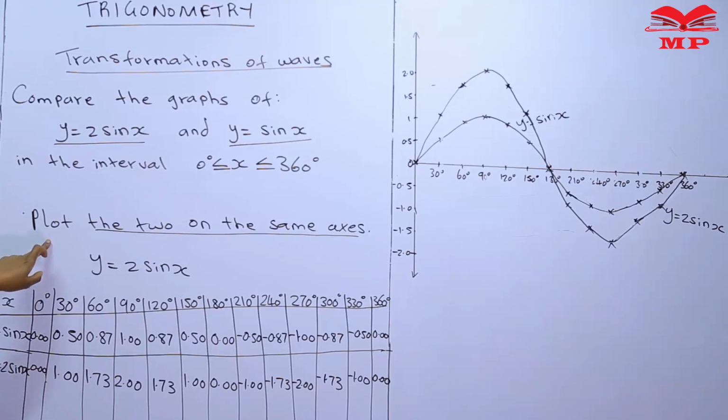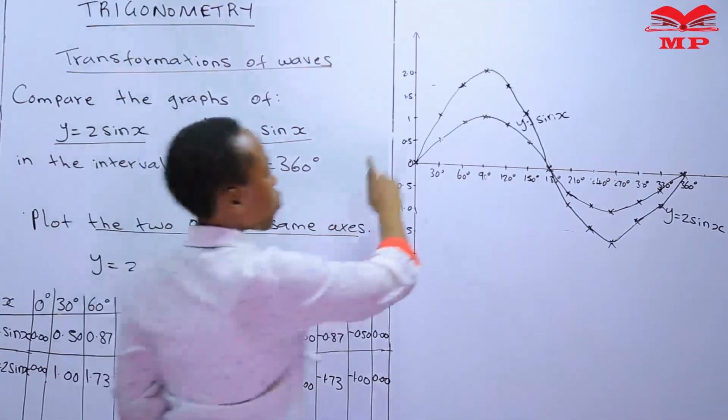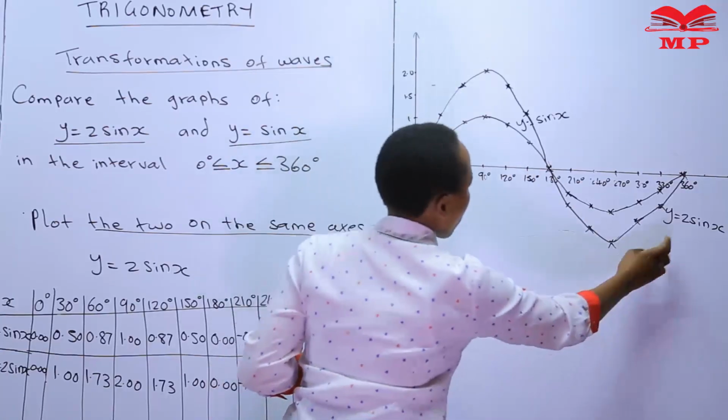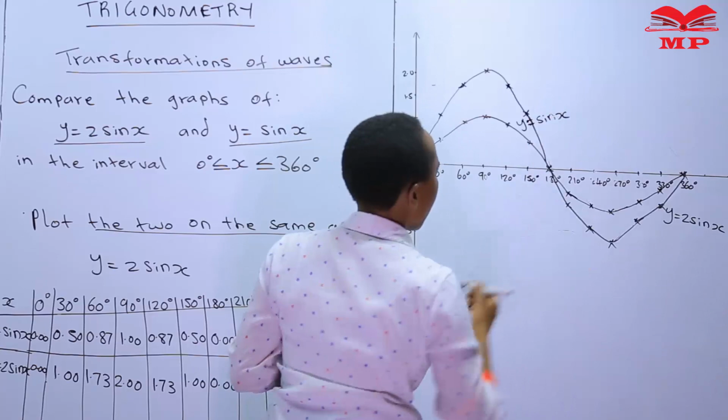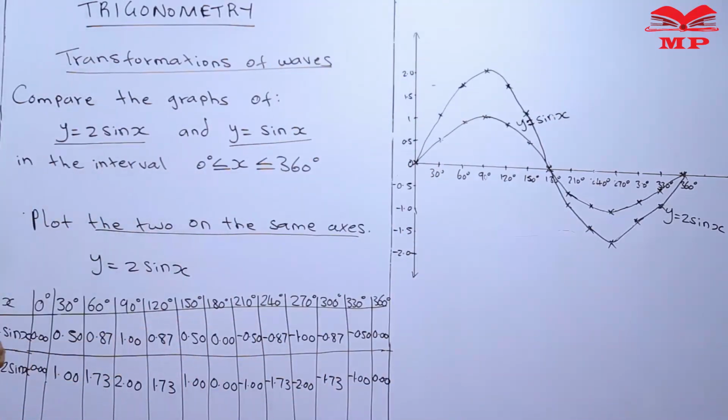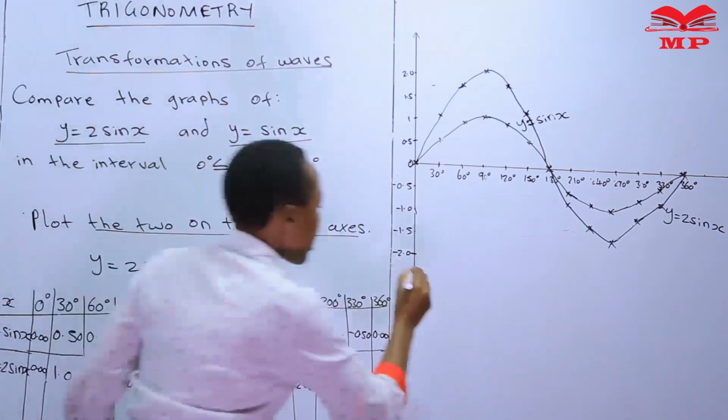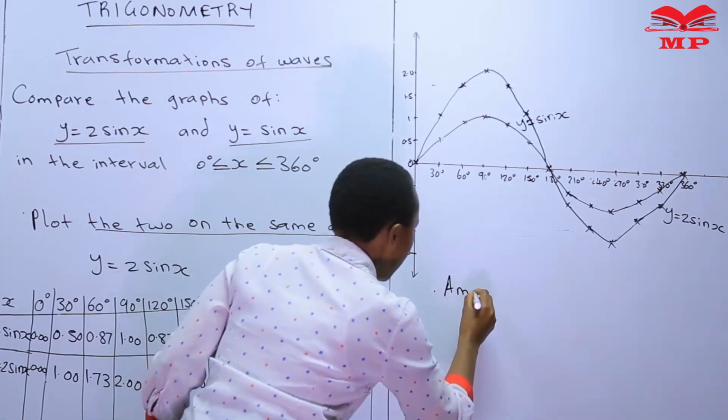The first thing is to plot the two on the same axis, and that's what we have done. After plotting the first one, we name it. Then after plotting the second one, again we name it. Now we'll compare the period, and we'll also compare the amplitude. So we can start with the amplitude.